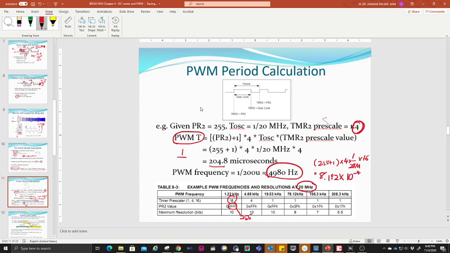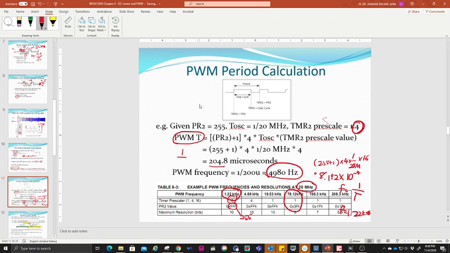So you divide 1 by this number to get the frequency, 1 over T. You finally get F equal to 1.22 kilohertz. You can try this number, it matches by using this formula. Okay, so this is how to calculate the PWM period.